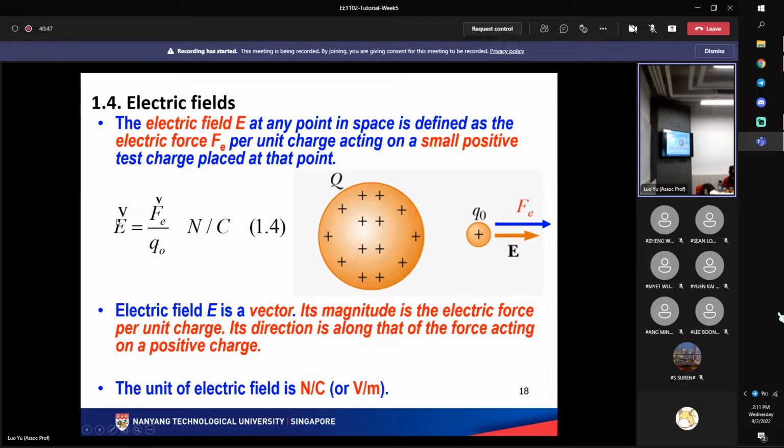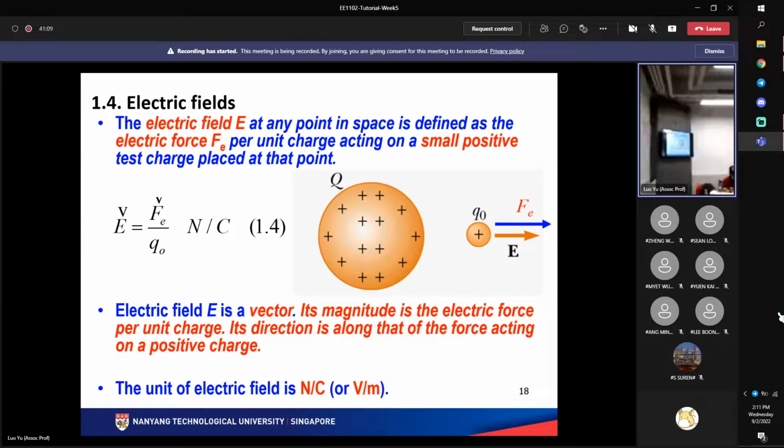So mathematically, E is equal to the force Fe of the source charge divided by Q naught, the test charge. This is how the electric field is defined mathematically: E equals the force F divided by the test charge Q naught.